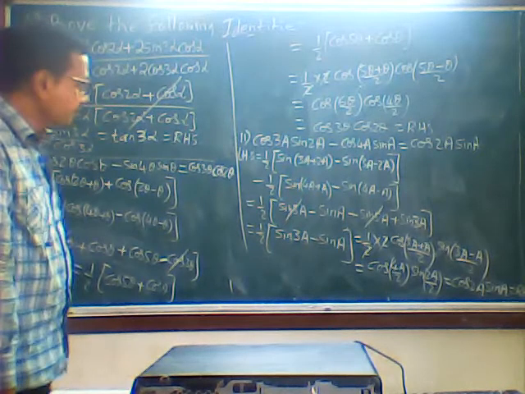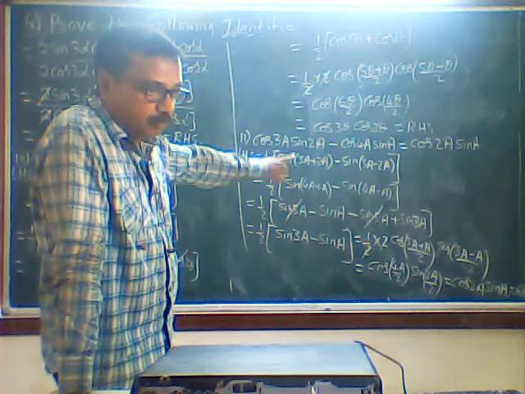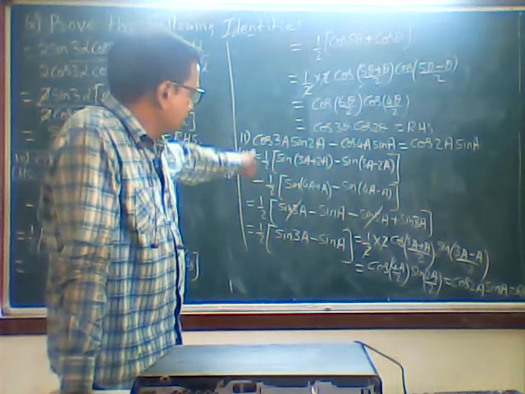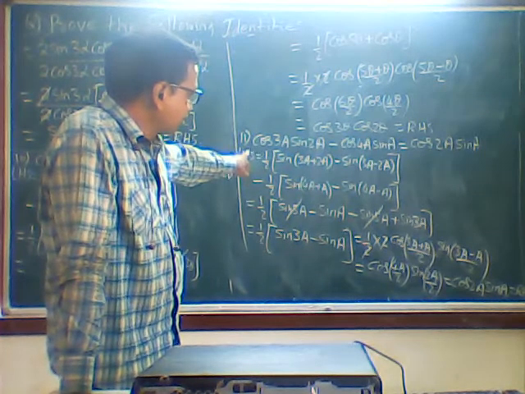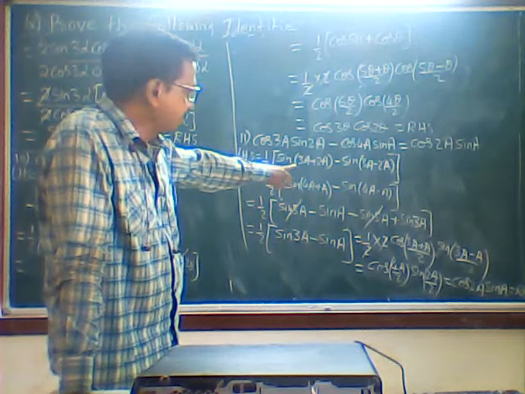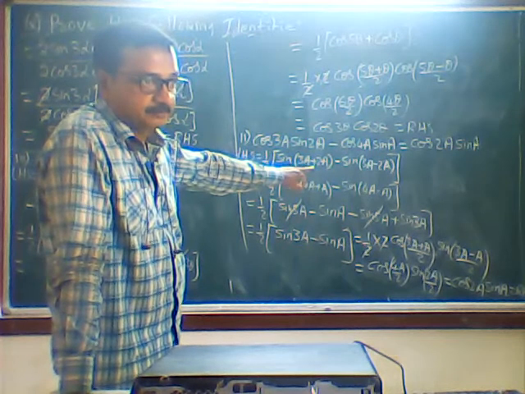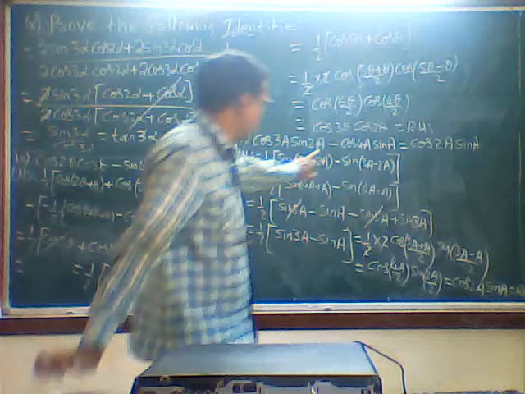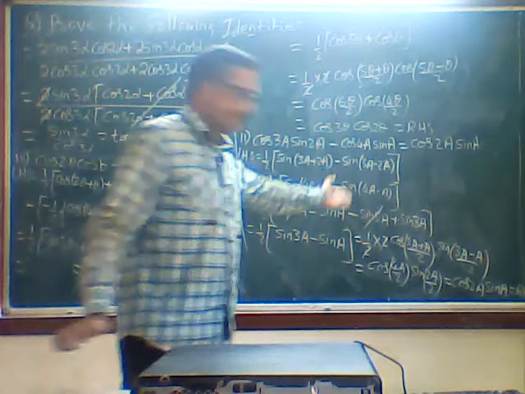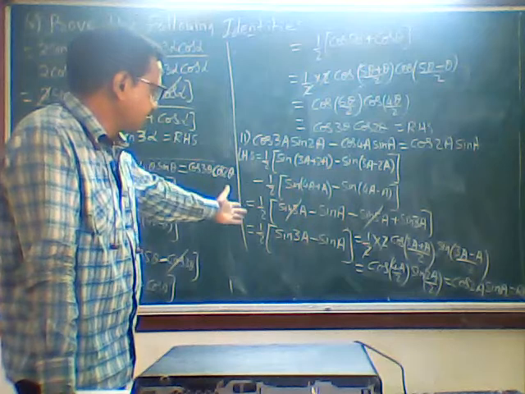Got it? So the 11th problem is cos 3a sin 2a minus cos 4a sin a, and the answer is cos 2a sin a. For cos 3a sin 2a, our formula is half of sin of (A plus B), that is 3a plus 2a, minus sin of (A minus B), that is sin of 3a minus 2a. Then in between the minus sign is there, minus half cos A sin B, same formula. Then I have cancelled, and I have got half of sin 3a minus sin a.